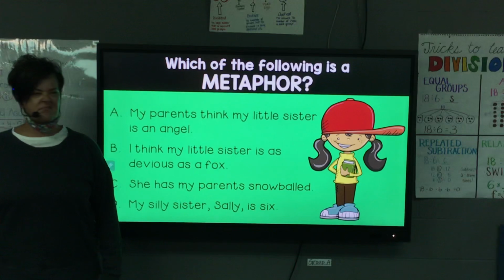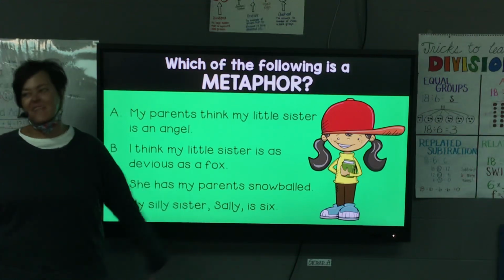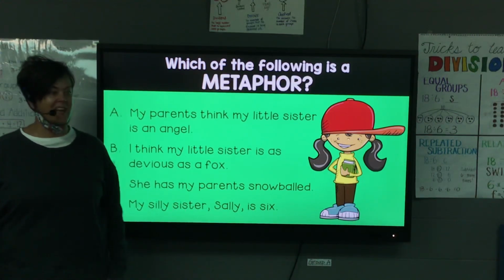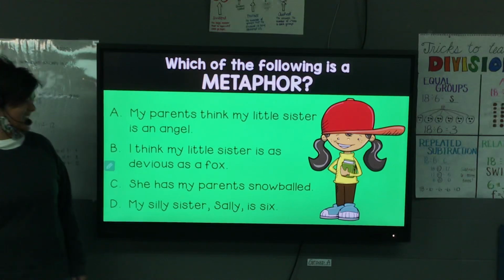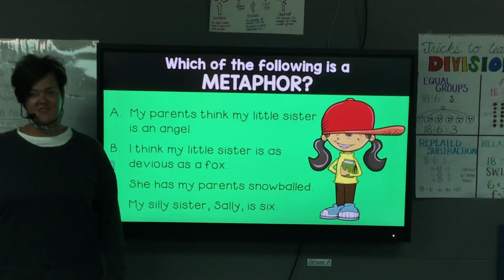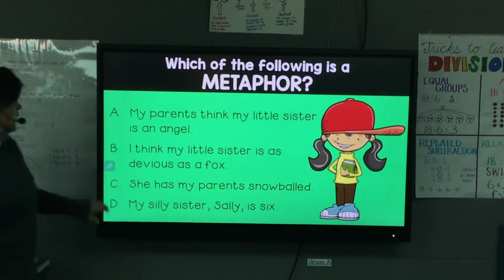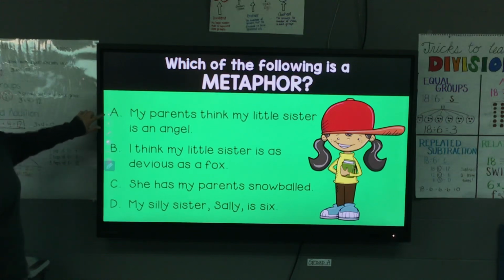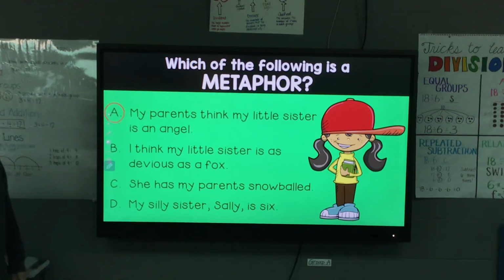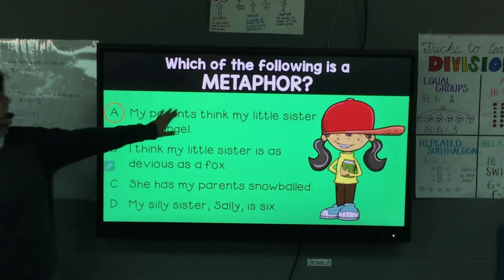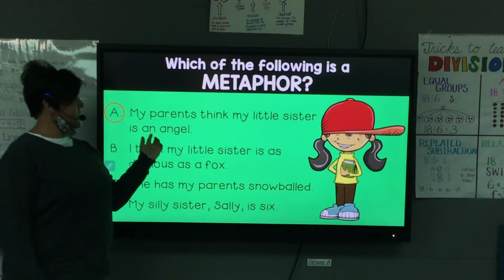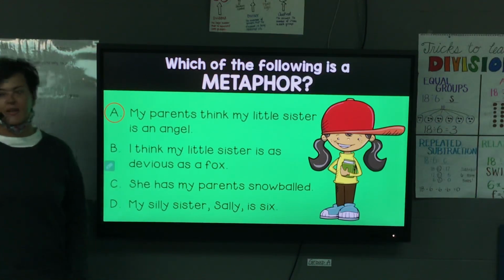That's a different kind of figurative language. So that's not it. What about this one? My silly sister Sally is 6. That's alliteration. So, which one is the metaphor then? A. This little sister is being compared to an angel.